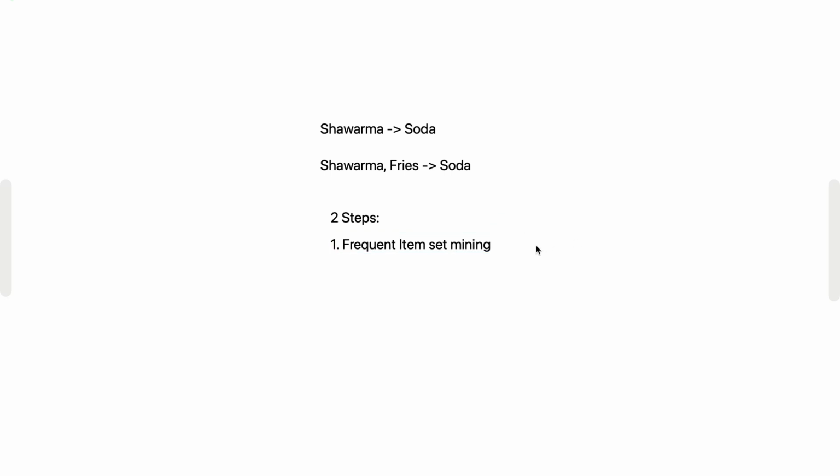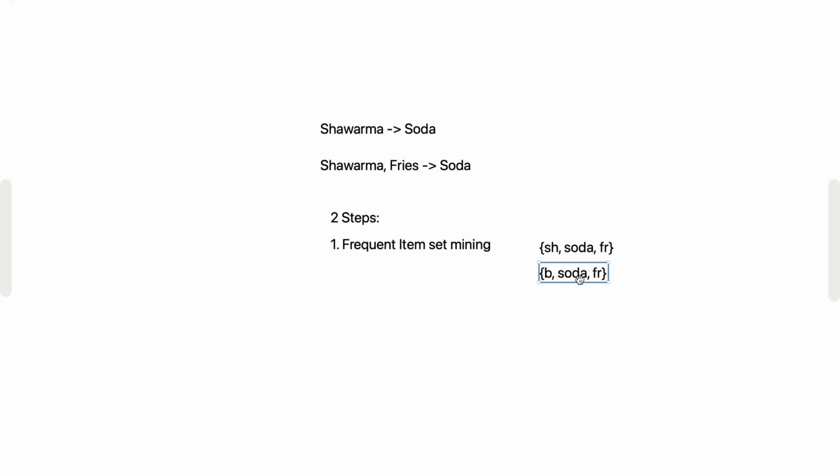So let's say we have a set of shawarma, soda, and fries. Then we have another frequent item set, which we found, let's say, is burger, soda, and fries, for instance, okay? So we want to find these frequent item sets.